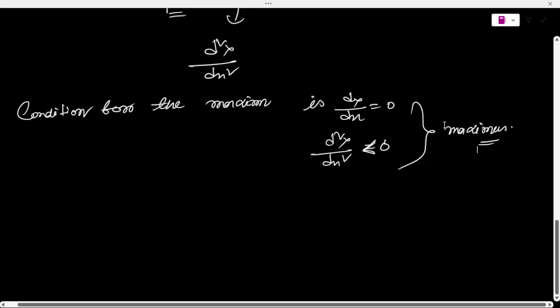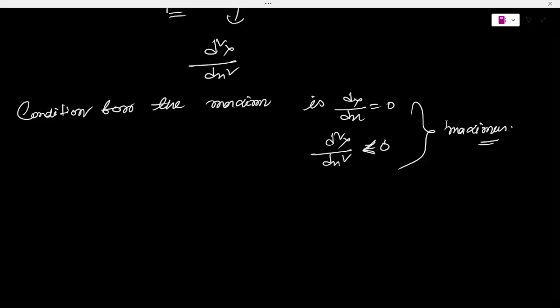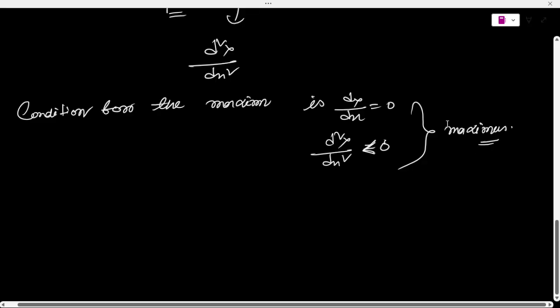Similarly, at a minimum the slope changes from negative to positive.